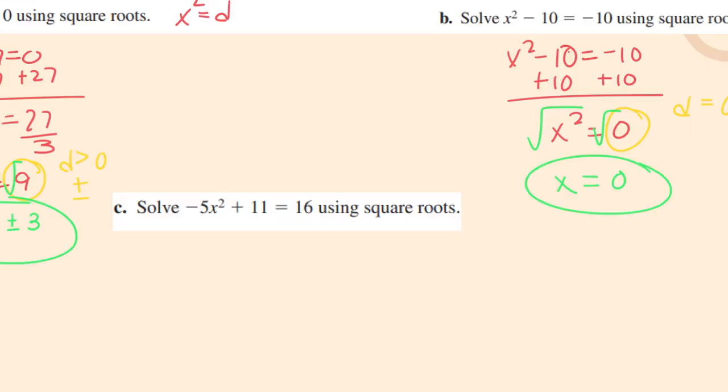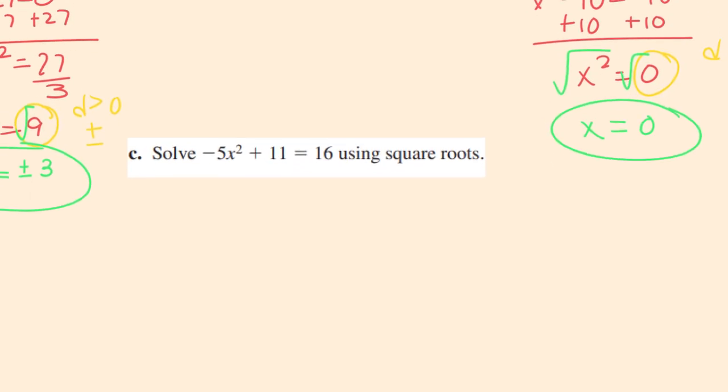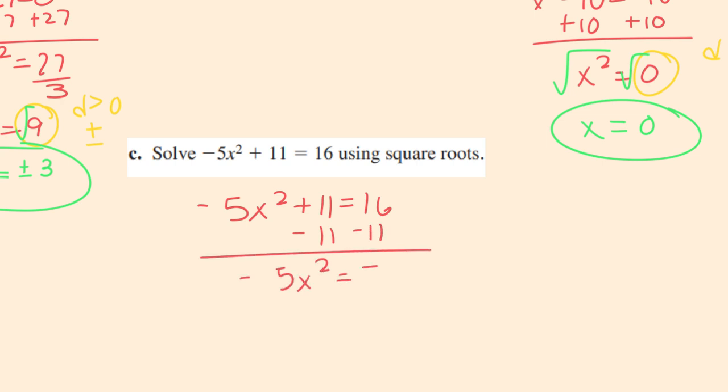In C, we have negative 5x squared plus 11 equals 16. If I subtract 11 from both sides, I'm left with negative 5x squared equals 5. If I divide by negative 5, x squared equals negative 1.